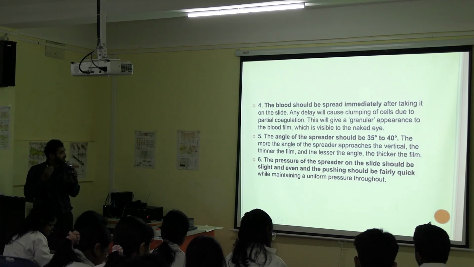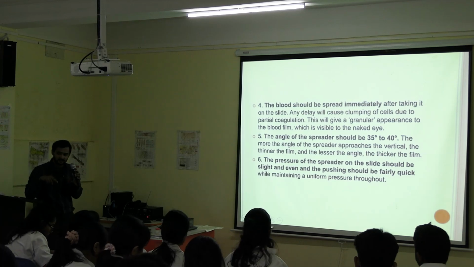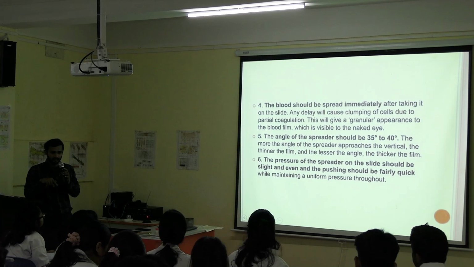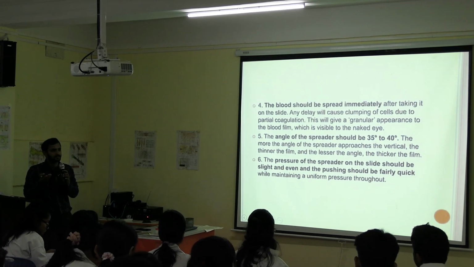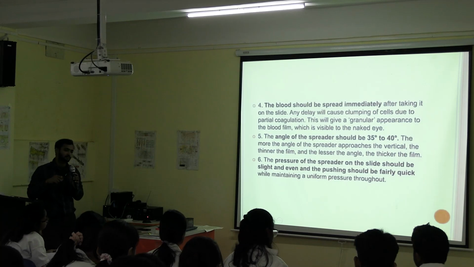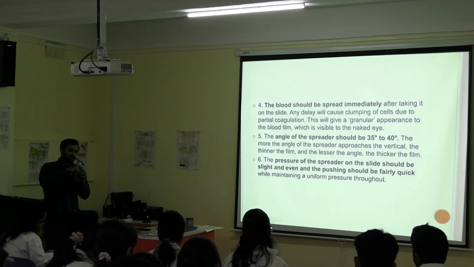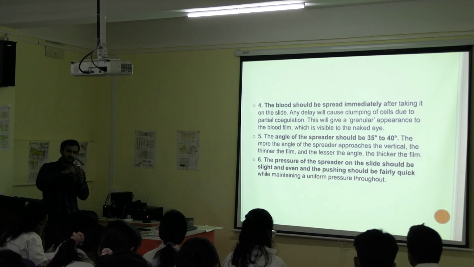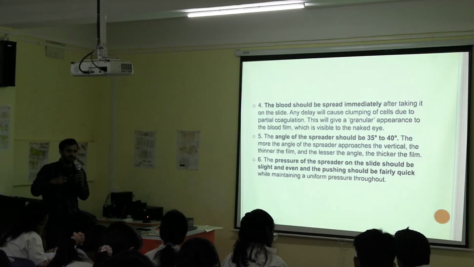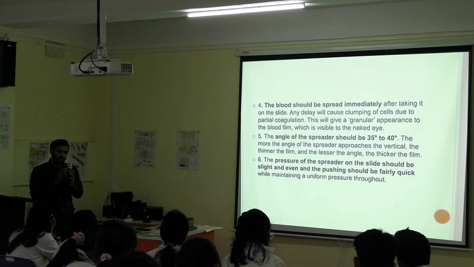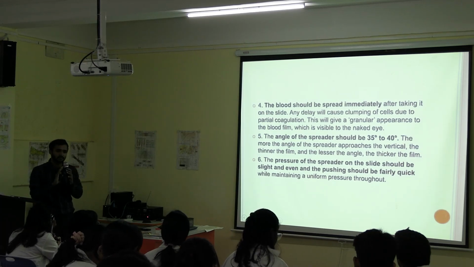You can apply a little bit of pressure, but you cannot press it hard, otherwise there will be striations and unevenness; it won't be uniform. When you make the smear, it should be slow, smooth and uniform. You cannot rush here. If you rush, the contact of the spreader and the blood will be separated and you won't get a proper tongue shaped smear.